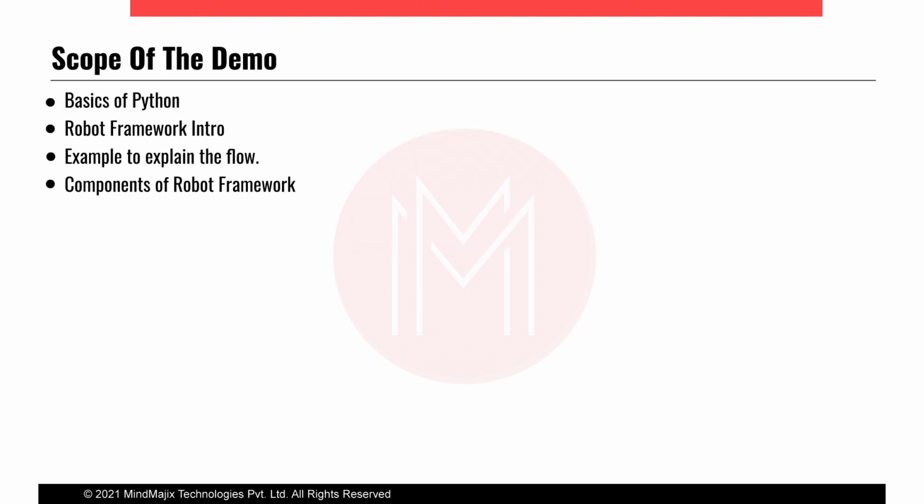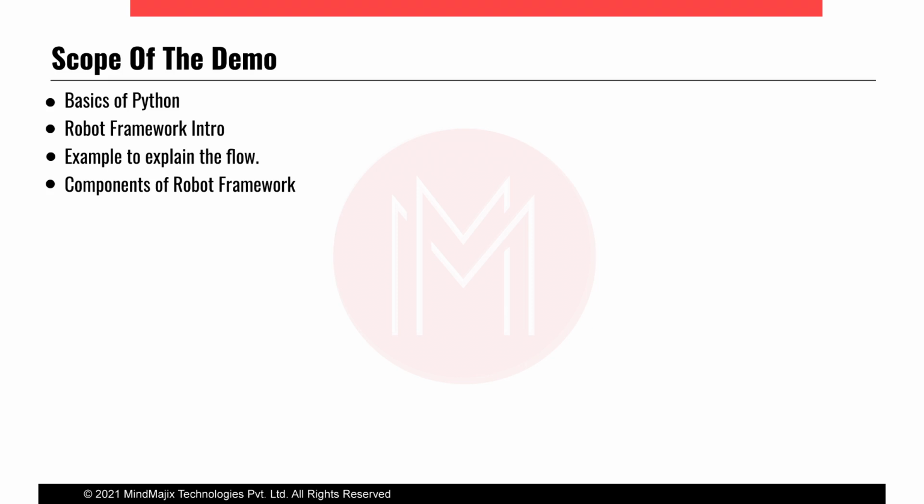The scope of this framework, we know, right? As I already told you, Robot Framework is completely written using Python. So it's good to have Python knowledge before we jump directly to Robot Framework. I just wanted to give you a few basics of Python and a Robot Framework intro. Here we will be discussing the body of a robot file.